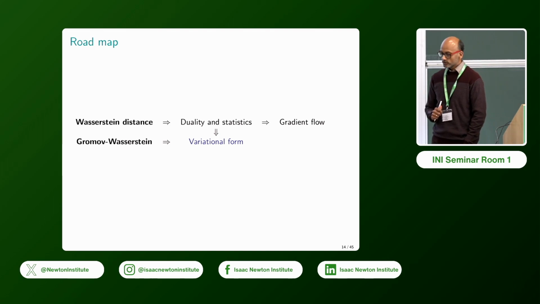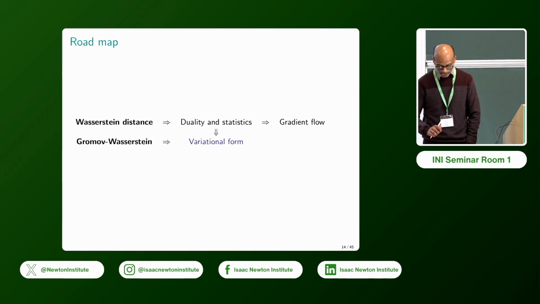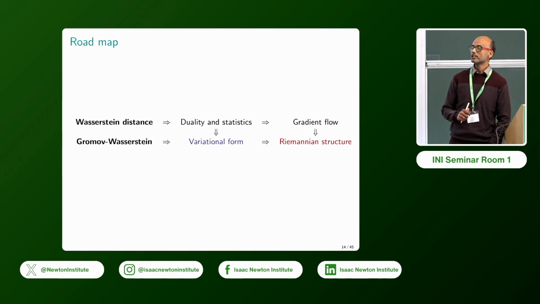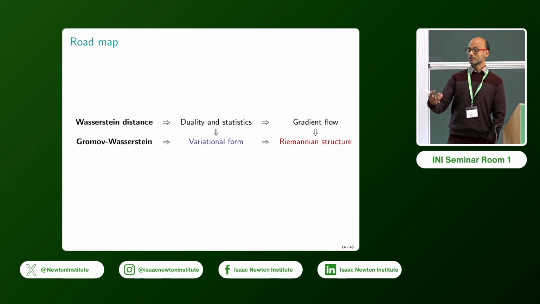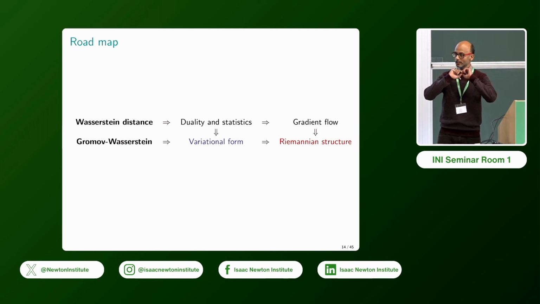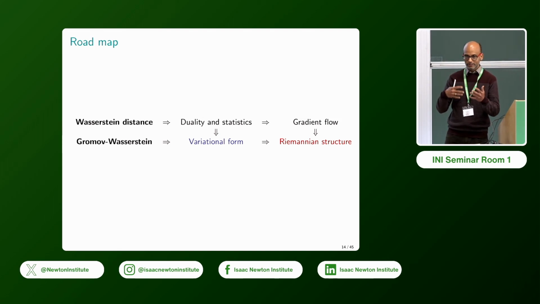So now, having obtained a dual representation for the Gromov-Wasserstein, we ask the same question: can we actually build Gromov-Wasserstein gradient flows? We will see these Gromov-Wasserstein gradient flows allow you to do structure preserving interpolation. There is also an interesting Riemannian structure that comes out of this whole analysis, and the interesting bit is it has very close connections to optimal transport.